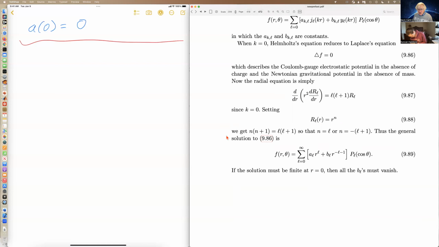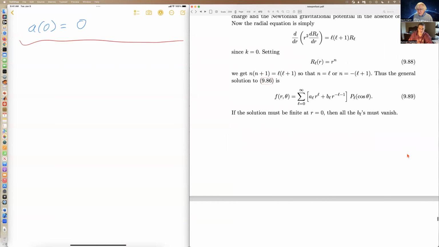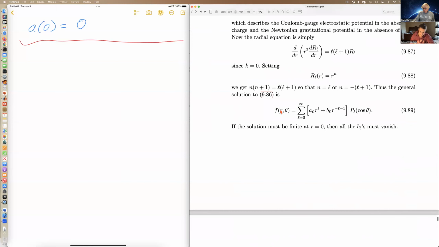Differentiating in this way, you get n(n+1) has to be equal to l(l+1). The solutions to that are n can be l or n can be minus l minus 1. And so then we have a sum like this. If the solution is finite at the origin, then all the b's vanish. But otherwise, you need to include all of them.